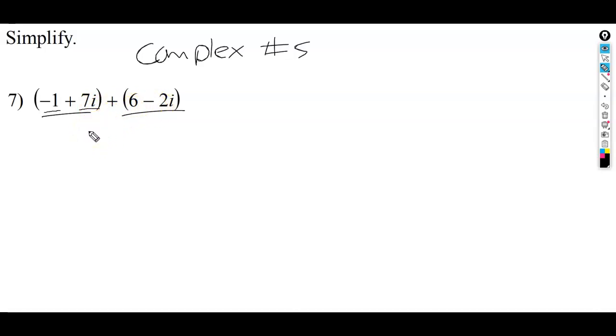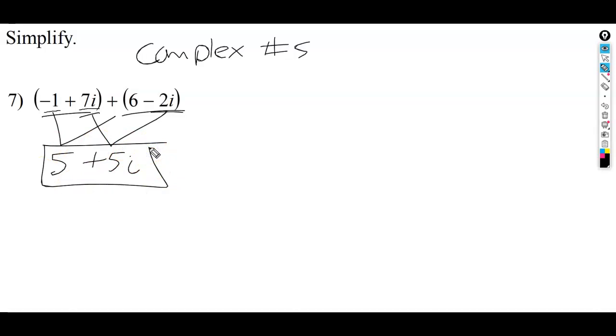Whenever you do that, basically you just need to combine the parts that match. So I'm going to combine the real numbers together, -1 and 6, that makes 5. And then in this case, 7i and -2i, combine those and we're going to get 5i. There's your final answer. It's a lot like combining like terms when you're just working with polynomials.